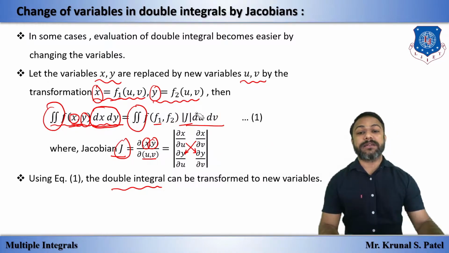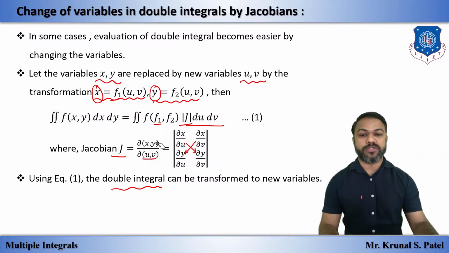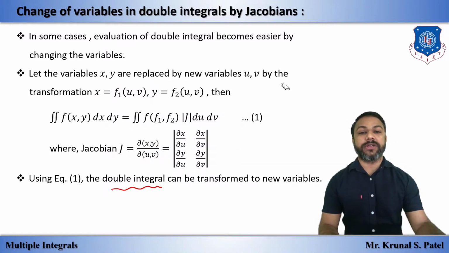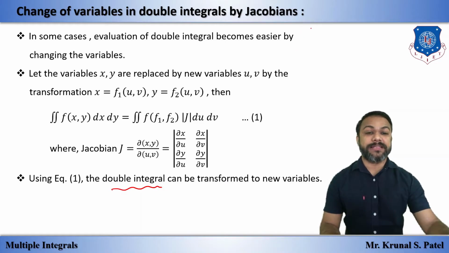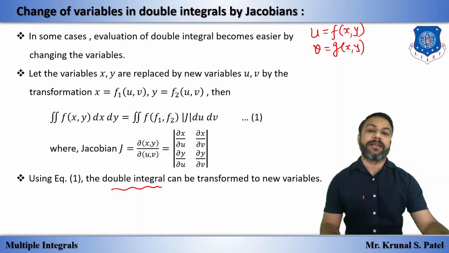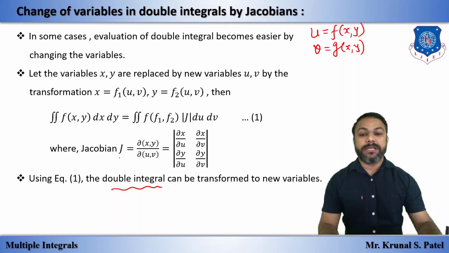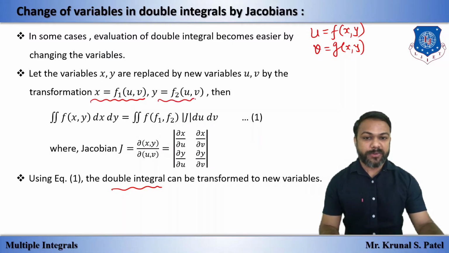Now I am giving you one more hint. If the given transformation is in the form where u is a function of x and y, and similarly v is a function of x and y, then we would first have to convert x in the form of u, v and y in the form of u, v, but sometimes that is quite difficult.